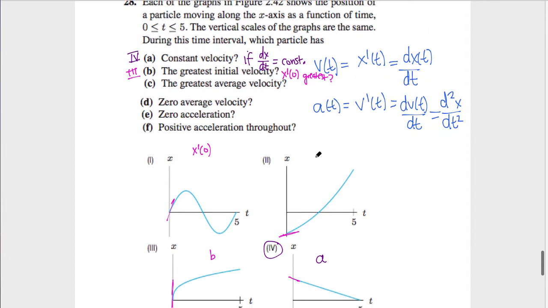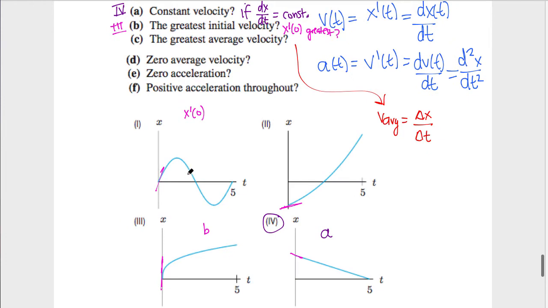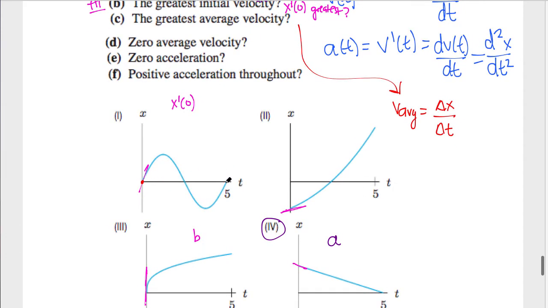Now, which has the greatest average velocity? So here we're going to have to actually look back at a definition. If you recall, average velocity is just going to be the total change in position over the total time. So if I look at the change in position for number 1, I start at 0 and I end at 0. So my average velocity is just 0 over 5. So that's 0. For number 2, we have a very positive average velocity.